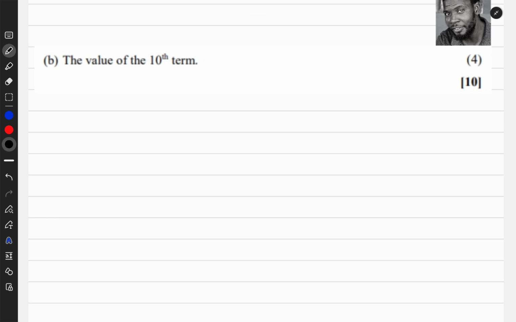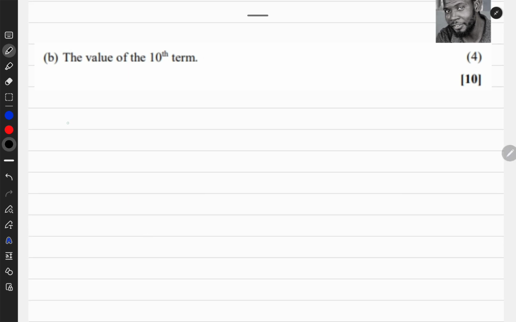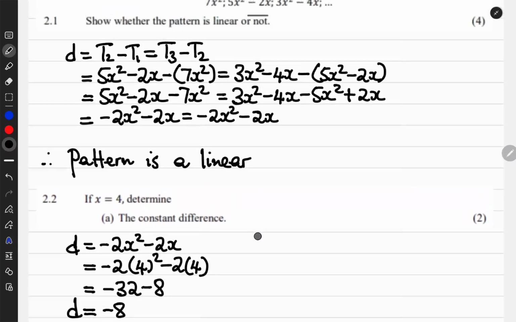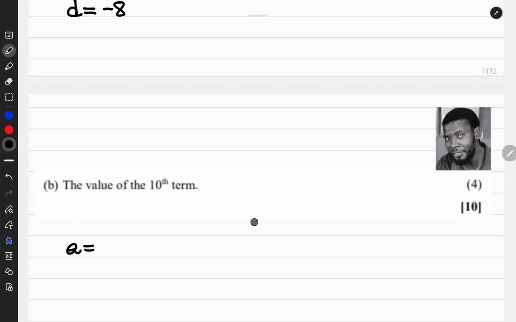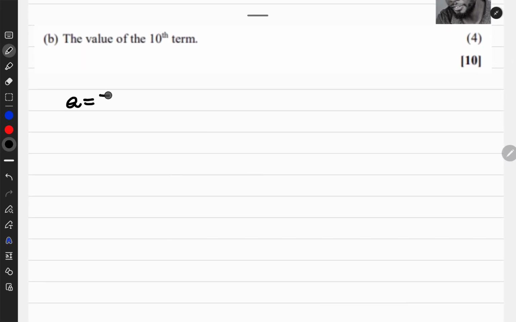For us to do so, we need to find the value of a and d. The value of a, we can straight away take as the first term in terms of x, which is this one, 7x squared. We need to replace x by 4, and that will be 16.